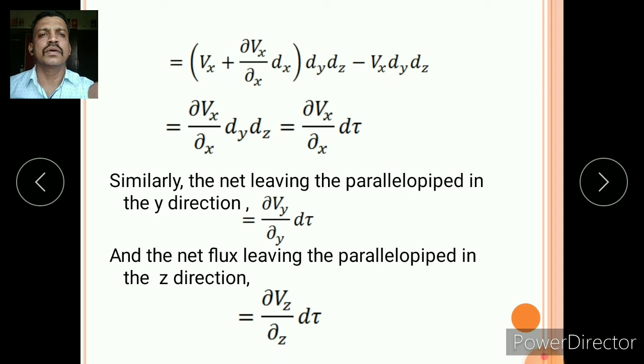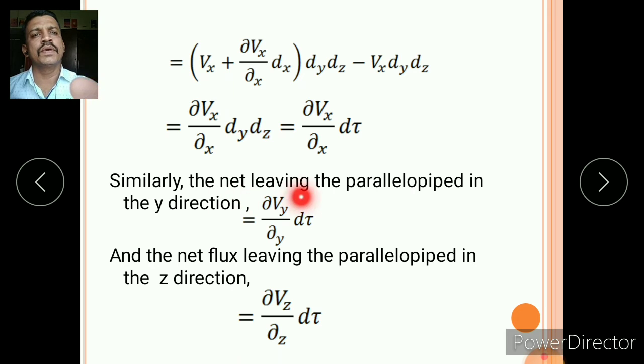Now here, if we multiply dy dz to this term, Vx dy dz will cancel, and therefore we will get ∂Vx/∂x dy dz. And dx dy dz is nothing but d tau.